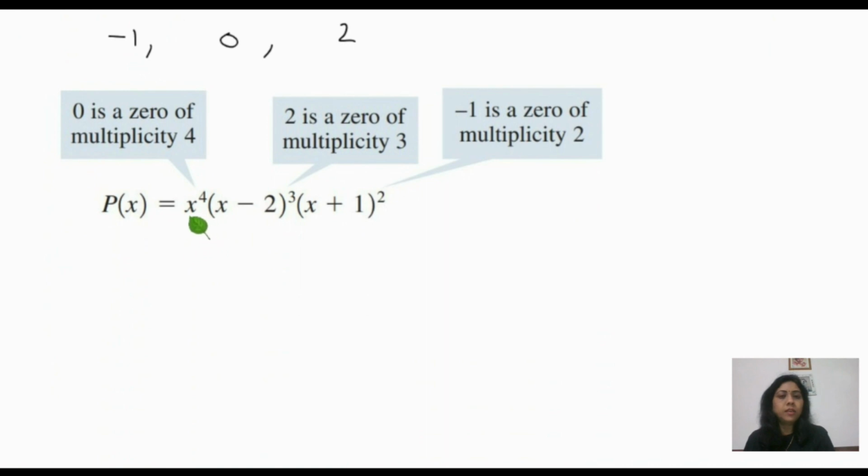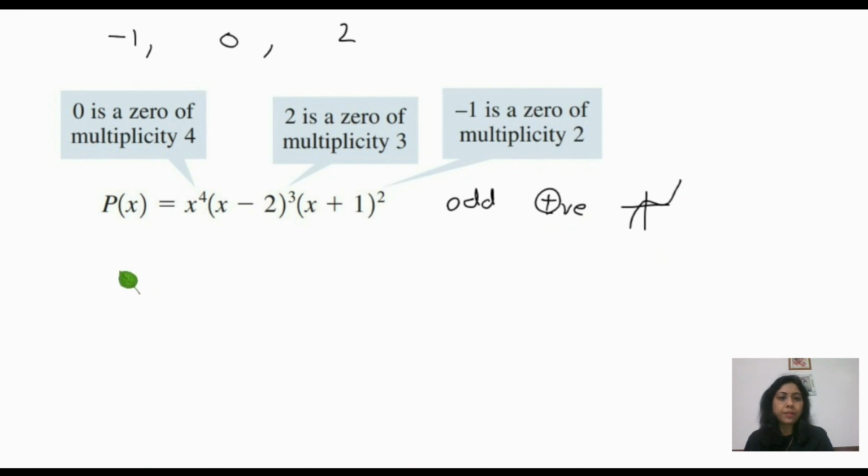And here can you see, x to the highest powers, here 4, here 3, and here 2. So total x to the power 9. So the degree of the polynomial is 9, which is odd, and the leading coefficient is positive, because when we multiply, the coefficient of x to the power 9 is positive. So our graph is like this.